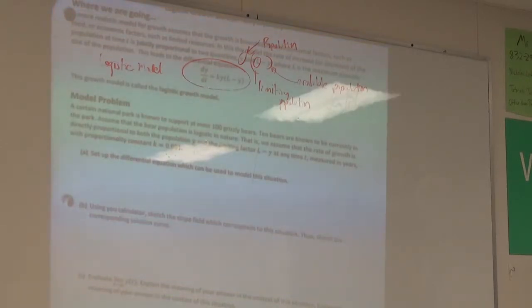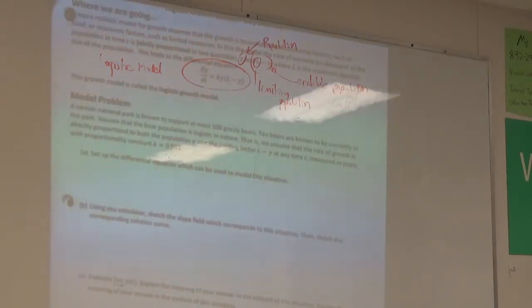All I want in this first one is to set up the differential equation. We're just going to write it. So what is it? Make the variable. So we've got dy over dt, and then what? Equals 0.001. Okay, we've got the k, the 0.001. dy dt is equal to this guy, and then it's directly proportional to the product of 2 things.